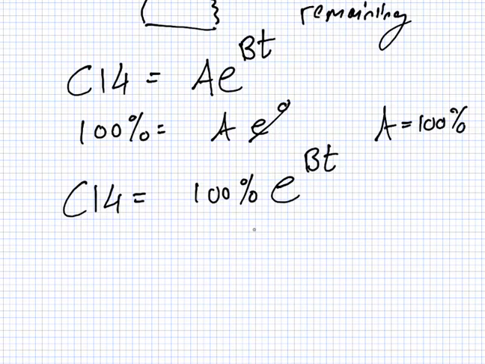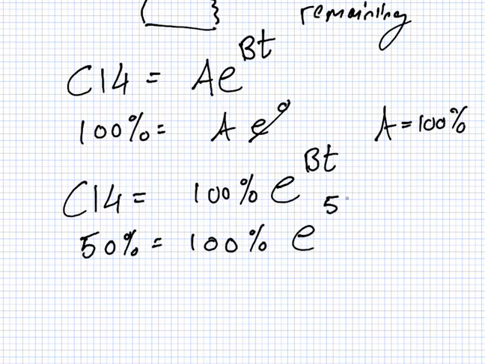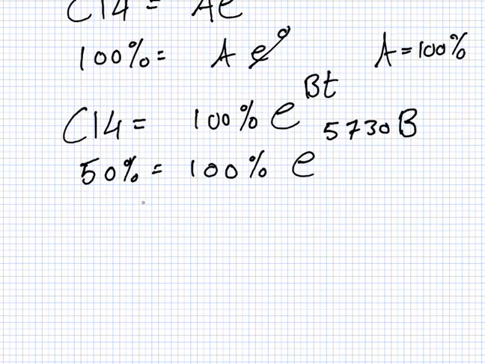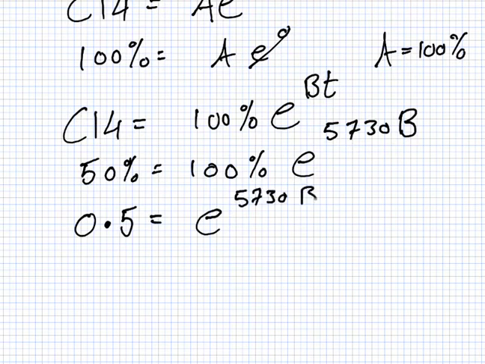This is always true. So we have 50% equals 100% e power 5730b. So if I divide by 100, I get 0.5 equals e^(5730b).